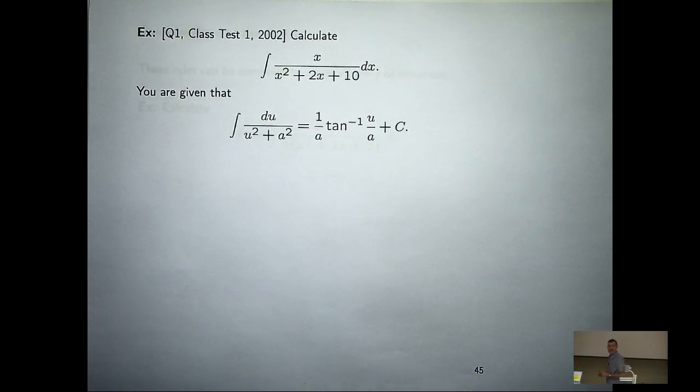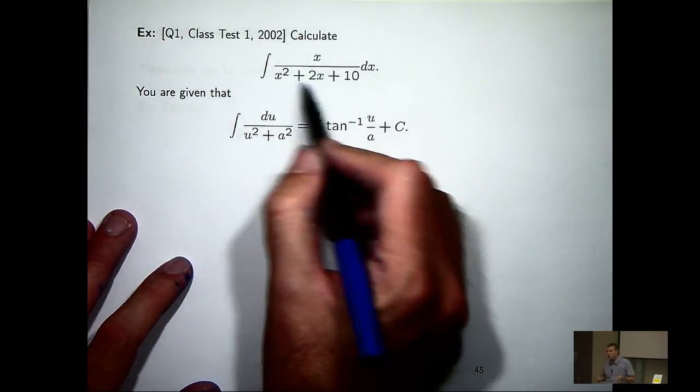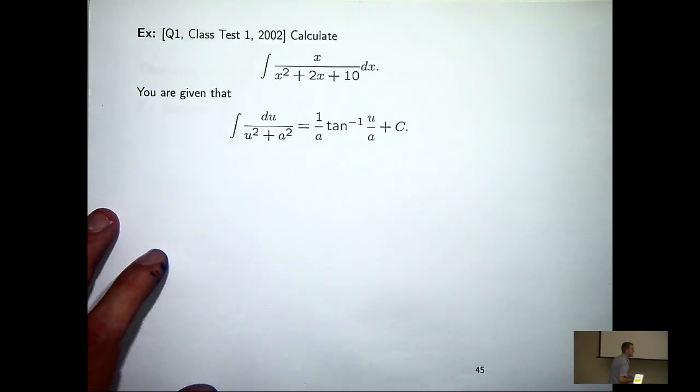You're given an integral, and you're also given the integral of something involving 1 on u squared plus a squared, where a squared is a constant. Calculate the integral. Firstly, realise that the denominator doesn't factor.